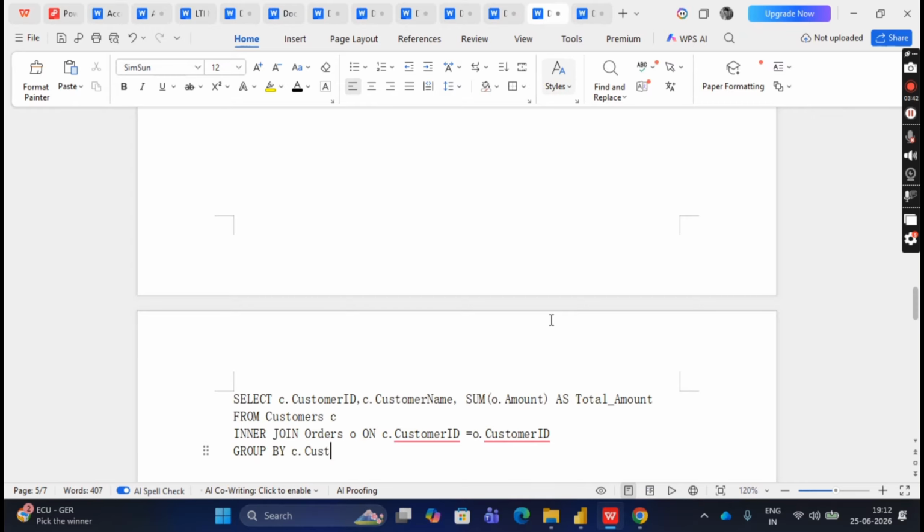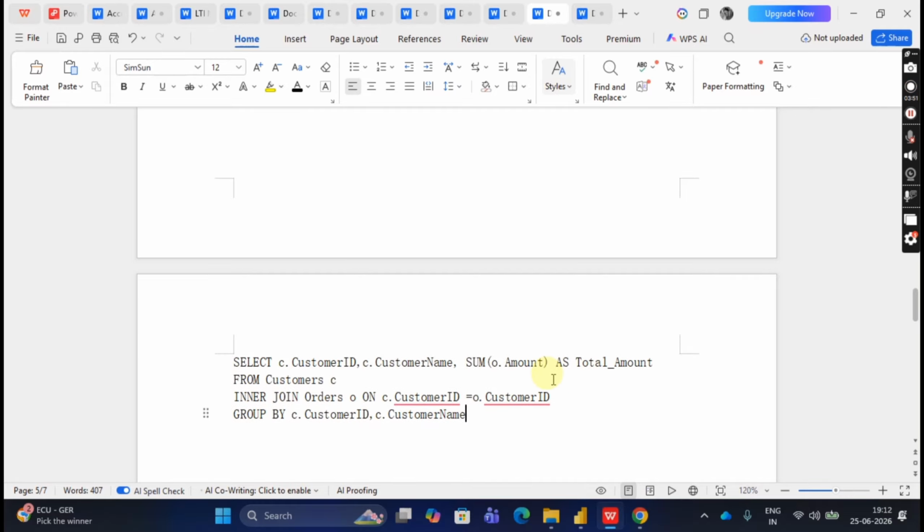So for each customer we will get the total order amount. Since the question was to find the customer who has placed the highest total order amount, we will do an order by sum of amount DESC, so we get the sum of amount in descending order.